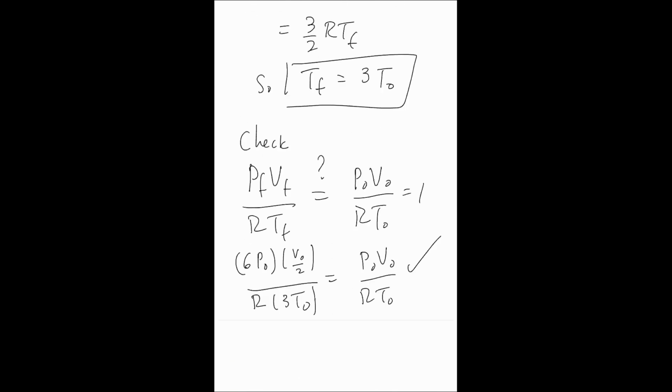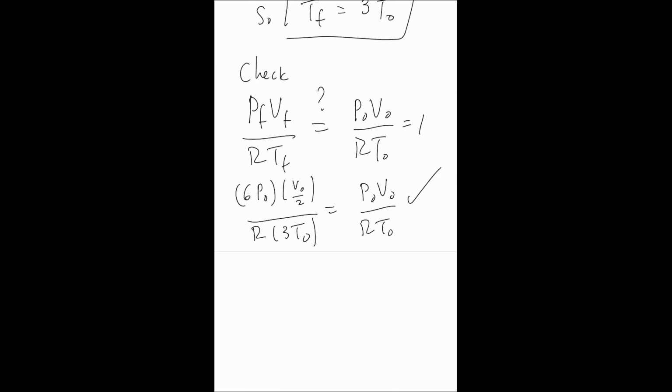Now, did I make a mistake? Maybe I did. Please tell me if I did. But at least I can check something. PV over RT for 1 mole should be equal to 1, right? Which means P final V final over T final should be equal to P naught V naught over T naught.